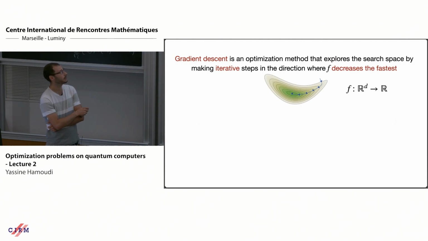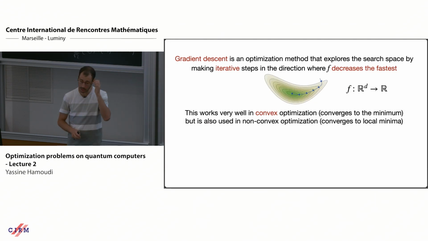Gradient descent tells you that you could just make a move in the direction which locally is decreasing the fastest. So you don't try to explore the entire search space at a time. You just look around you and you move in the best looking direction.